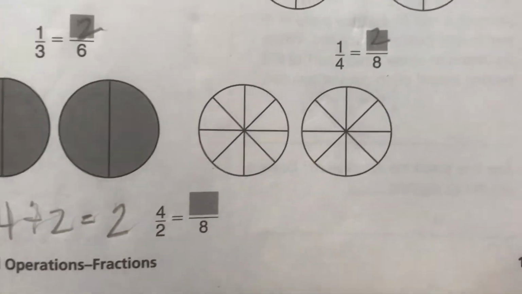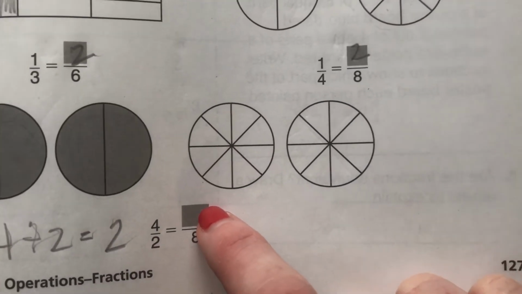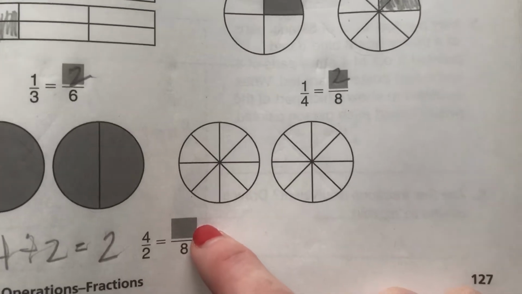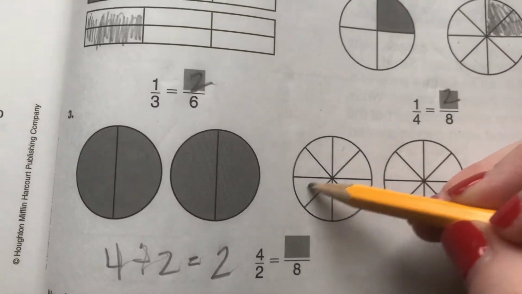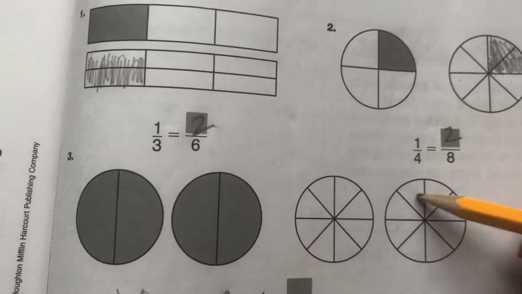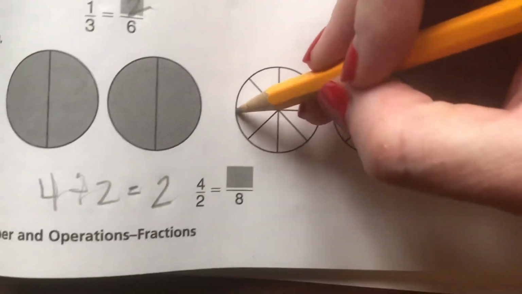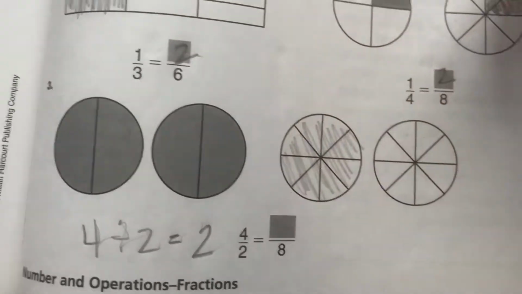Now, when I'm shading this time, my denominator is 8. My numerator is going to be more than 8. So look, 1, 2, 3, 4, 5, 6, 7, 8. 1, 2, 3, 4, 5, 6, 7, 8. So technically, I have 2 circles with 8. I'm shading in all 8 parts here.